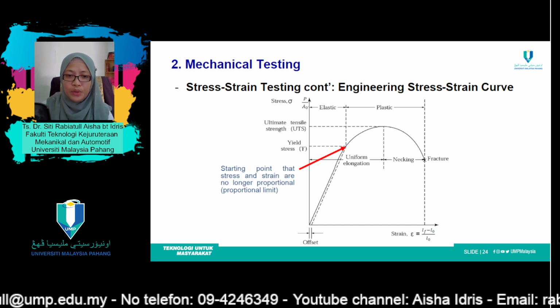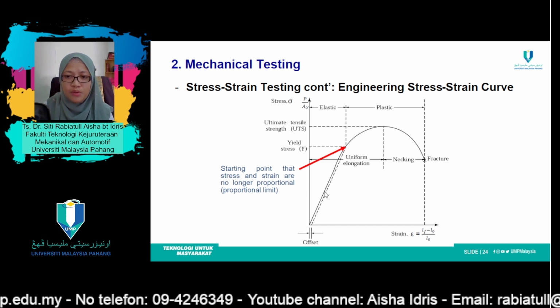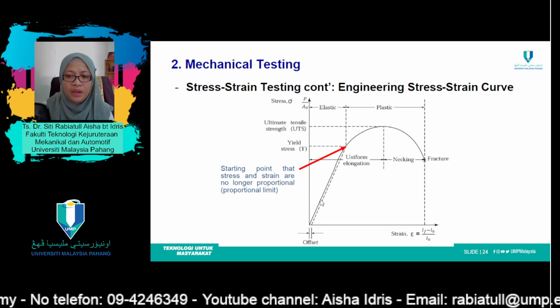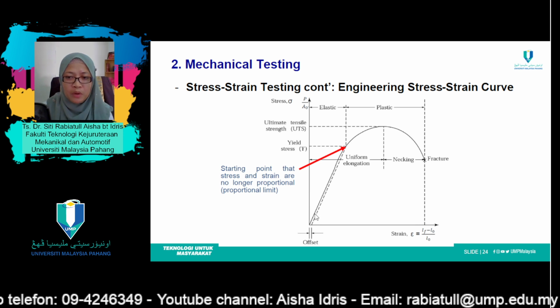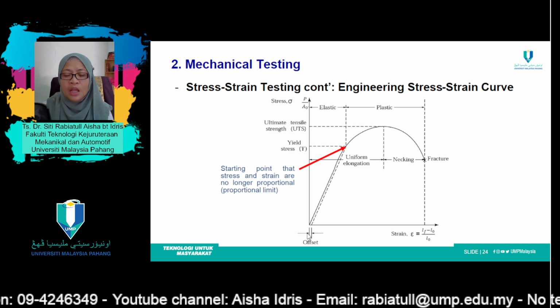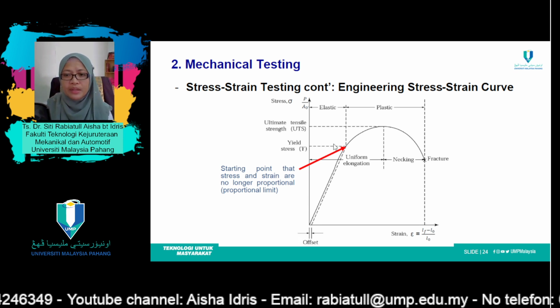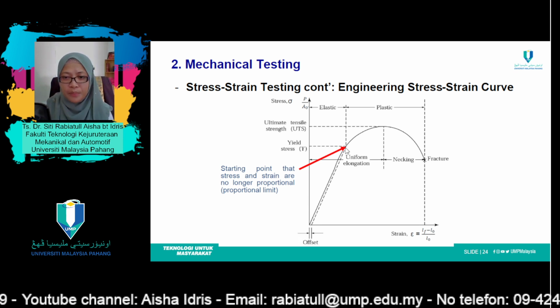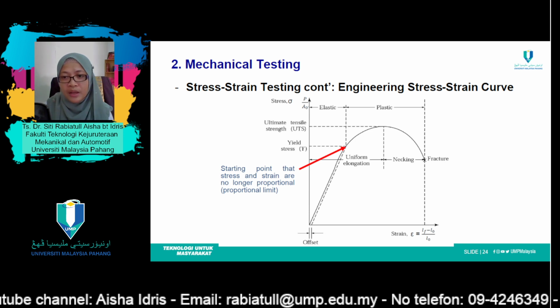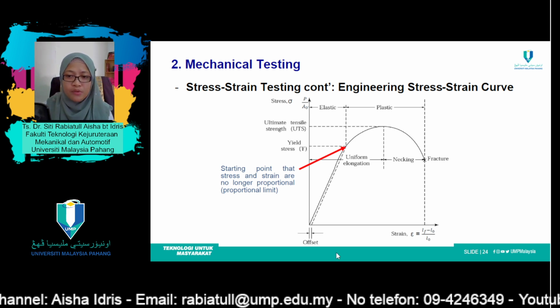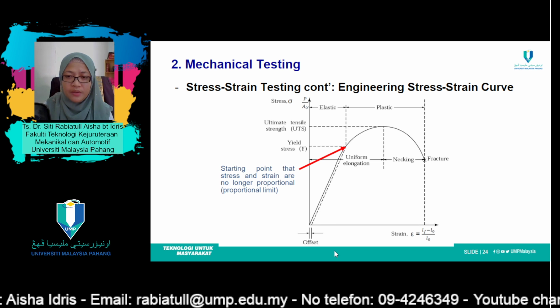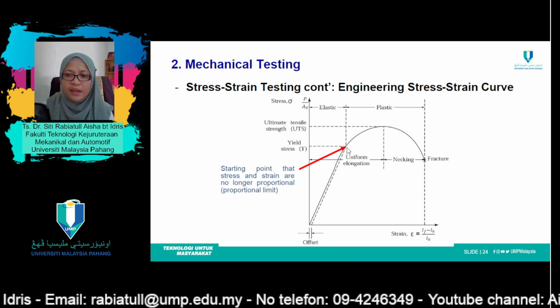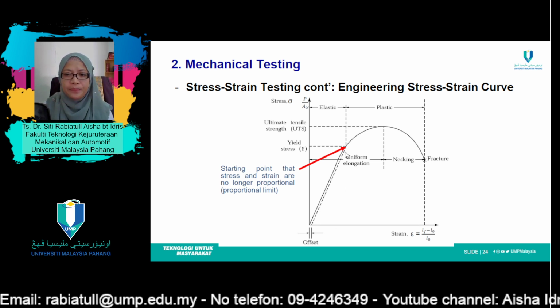Once you release the force, it will go back to its original form following this continuous line. However, when you keep increasing until it reaches this point, which is the yield stress point, and you release the force, it will still come back.